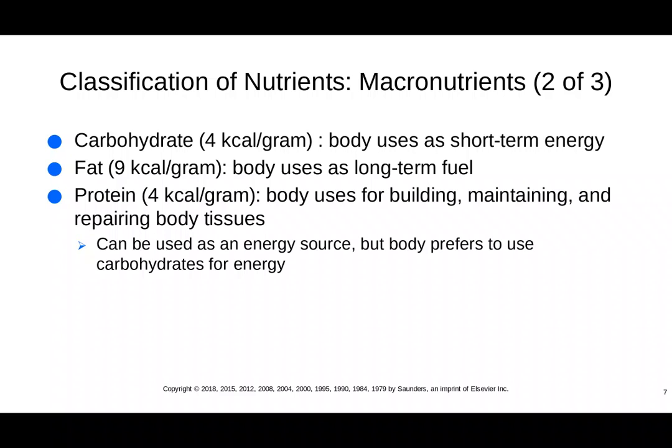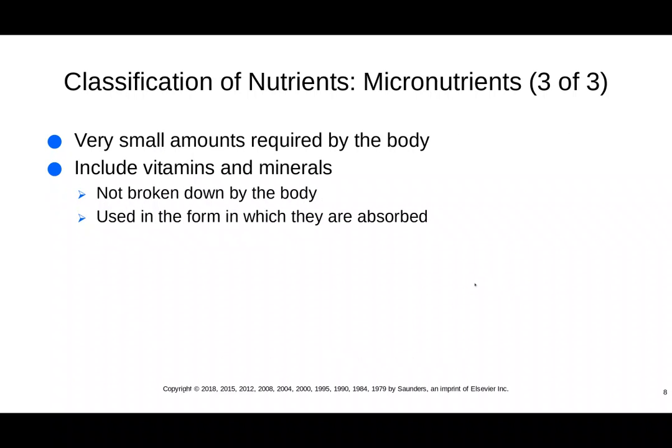It can be also used as an energy source, but our body much prefers to use carbohydrates for energy. It's a much easier process. So micronutrients, as we said, are very small amounts that are required by the body. And this includes vitamins and minerals that are not broken down by the body, and they are used in the form in which they are absorbed.